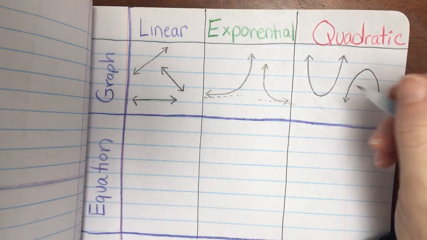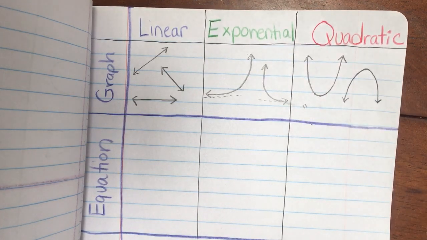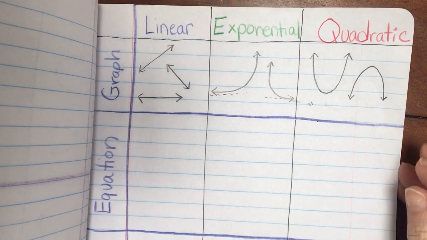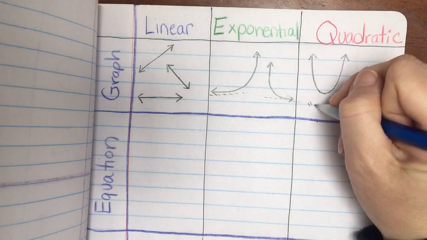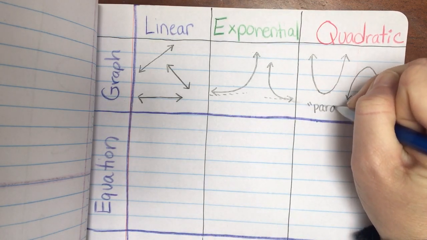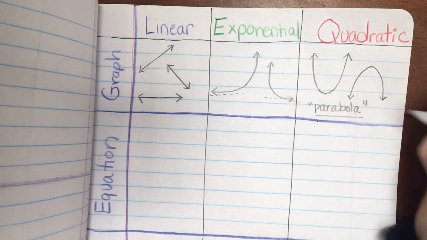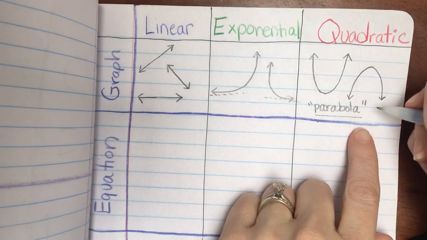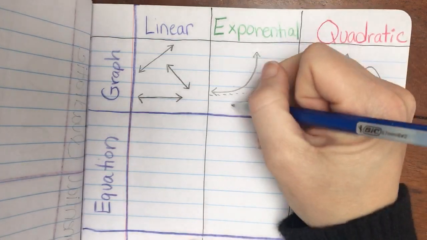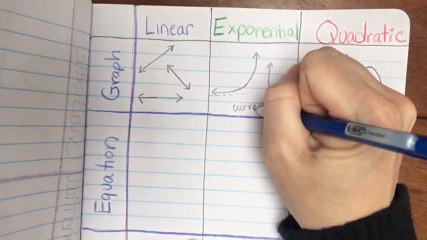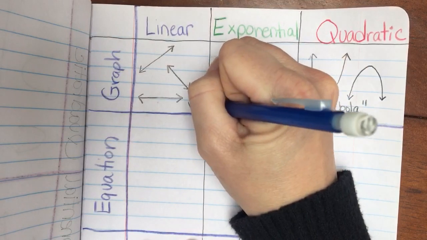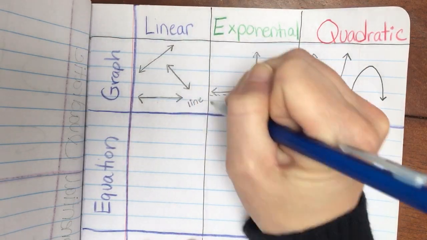The U-shaped graph actually has a special word, because we're not going to walk around saying, oh, it's a U. It's called a parabola. Say it. Parabola. That's what the U-shaped graph is called. The exponentials, we just call those a curve. The linear functions, those are lines.